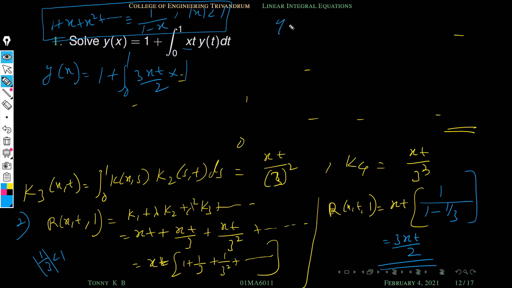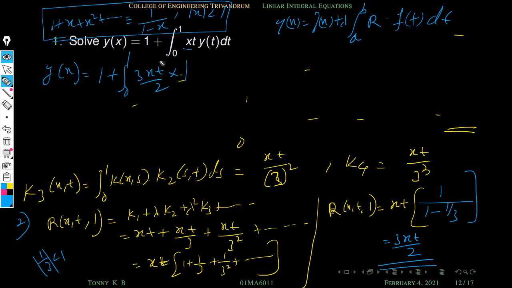Our solution is like this: y of x is equal to f of x plus lambda integral a to b R(x,t) into f of t dt. This function gives the solution. Here f of x is 1, so this is 1 plus integral 0 to 1.